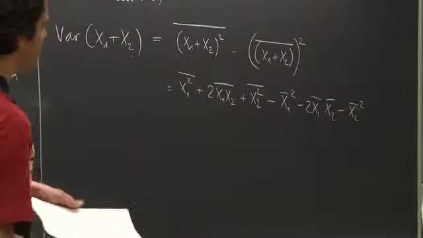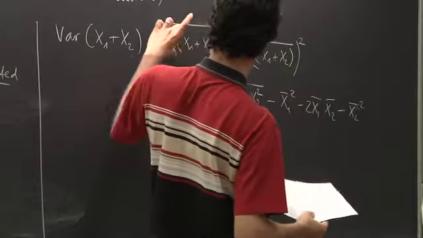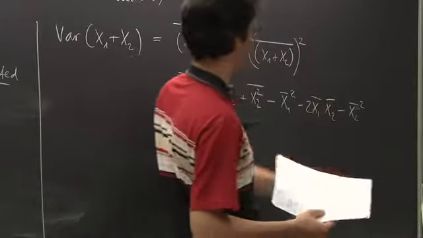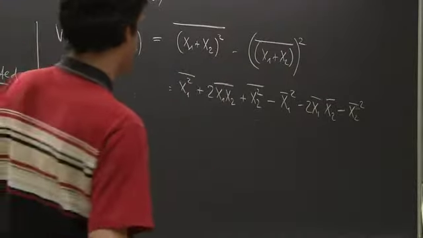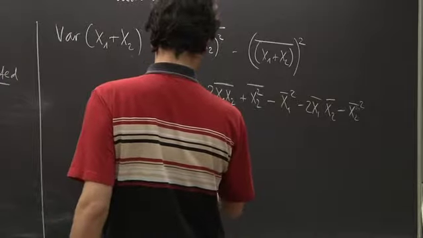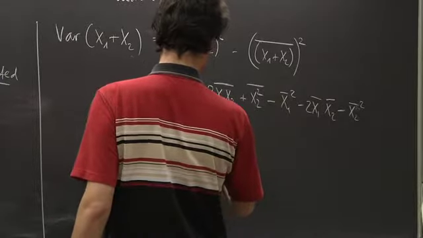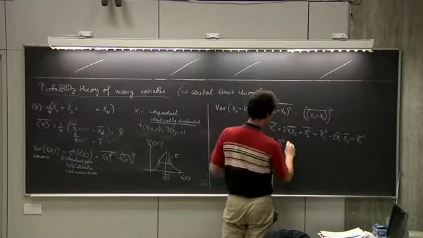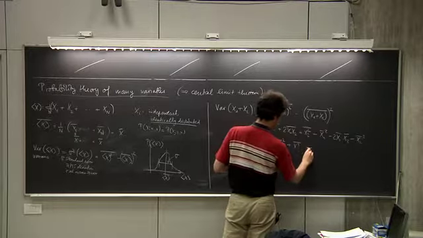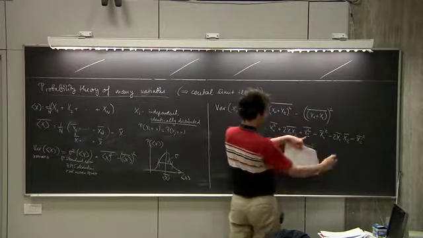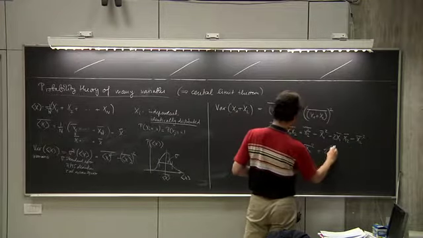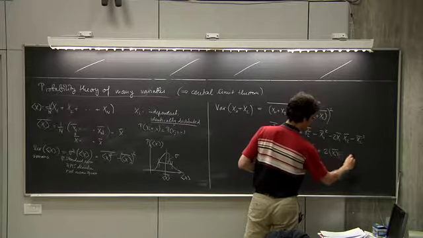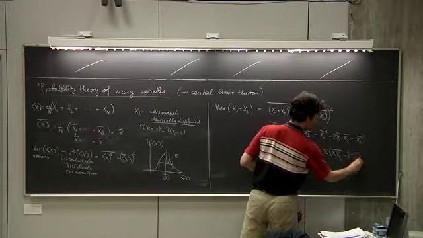I just multiplied these things out, taking the average after the multiplication here and before the multiplication there. Now I reorganize that. I take these terms together, and then these, and then we also have 2 times x1 x2 average minus x1 average times x2 average.